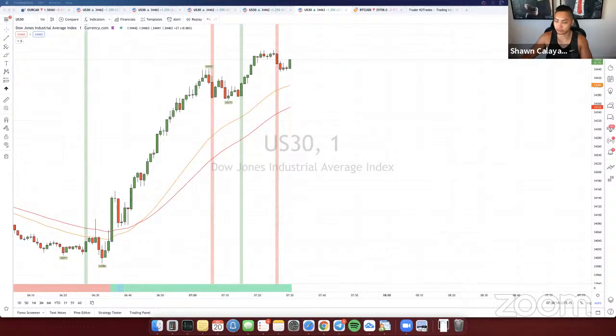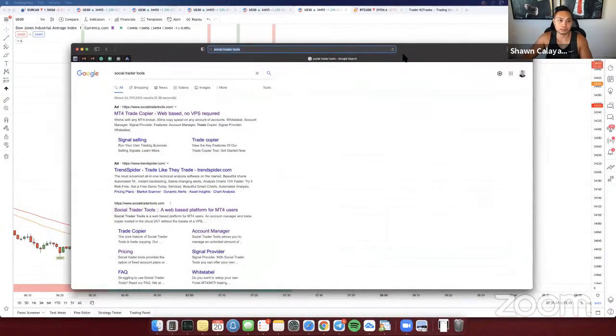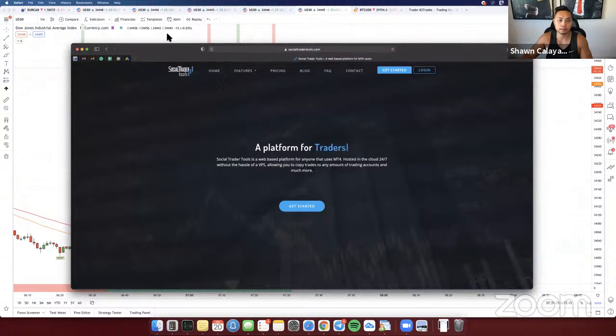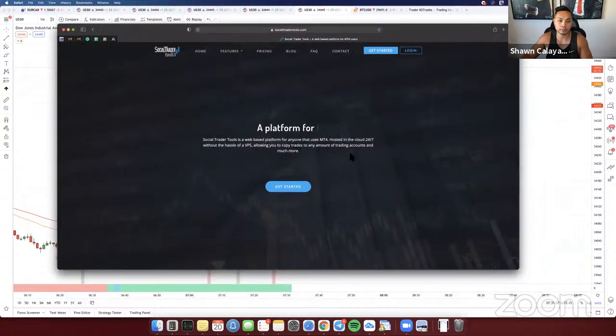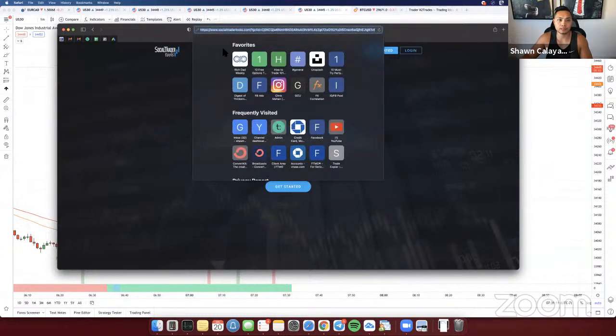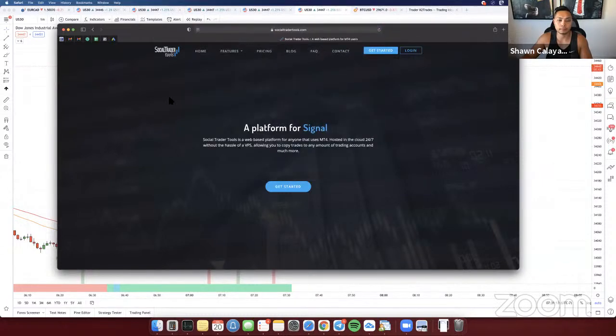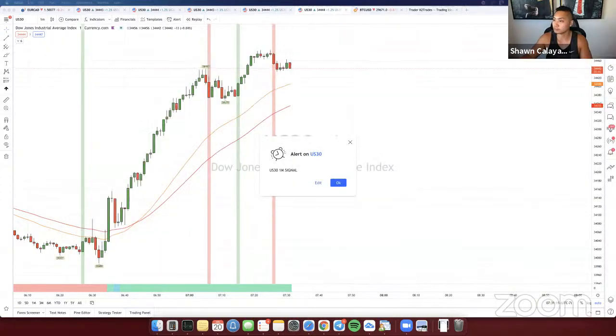All right, I'm gonna try to Google it. So this is the one that I use, Social Trader Tools right here. This is the copier that I use for all my accounts. It's socialtradertools.com, and that's how you get to it.